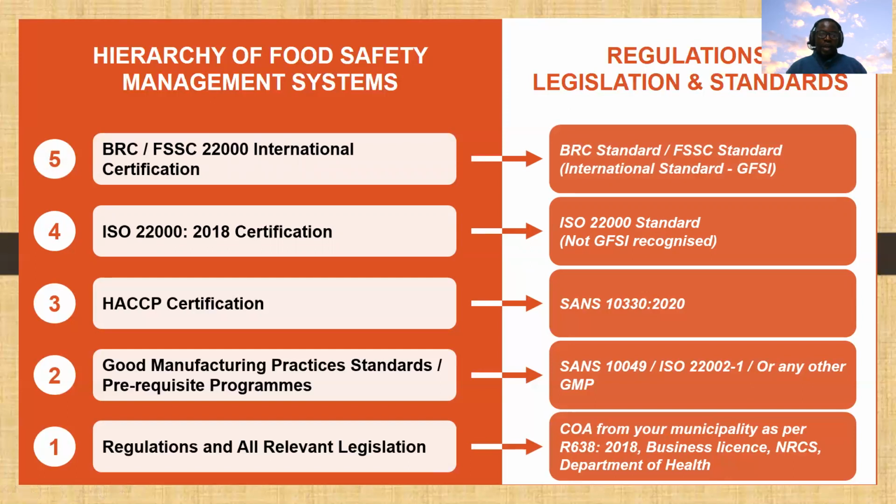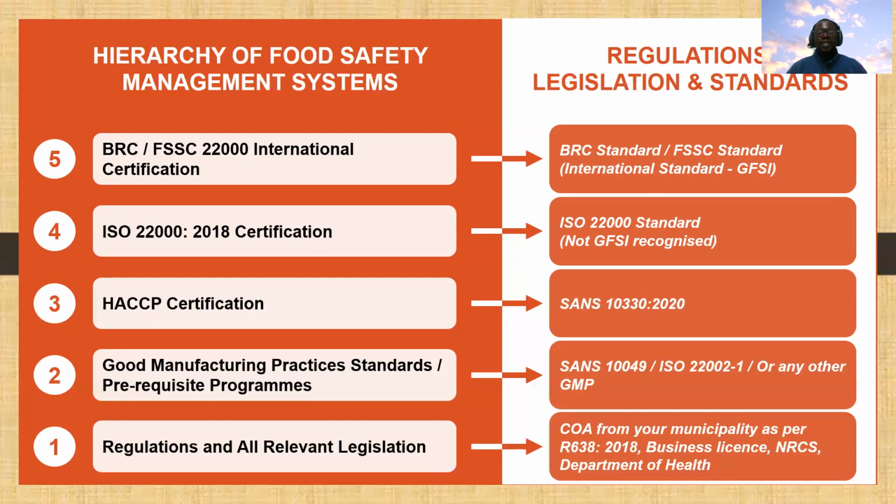And if you look at step 5, that's where we are talking about internationally recognized standards. Those are recognized by the Global Food Safety Initiative, meaning that they have been benchmarked, and they are in fact the same in terms of requirements, meaning that if you have one, it should be easy for you to switch to the other.